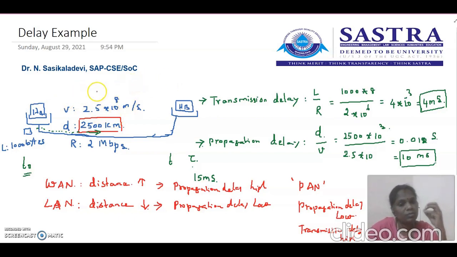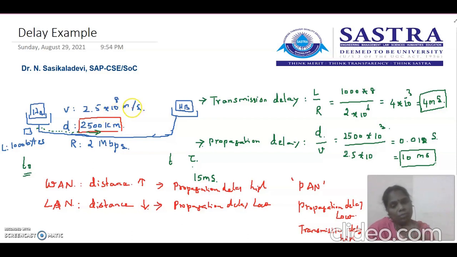As a conclusion, just get a simple point. If the nodes are closely located, connected over a short limited distance, then the propagation delay will be minimum. If the nodes are connected using a high capacity channel, such as fiber, the transmission delay will be low.